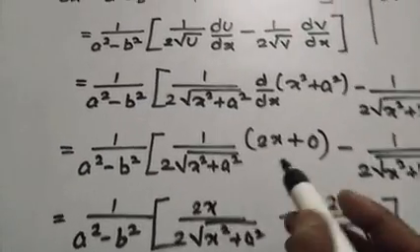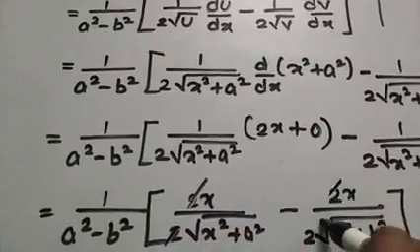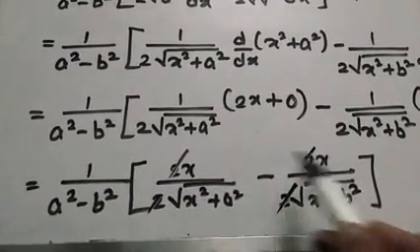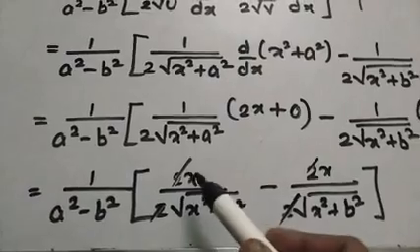So here we can see that 2 and 2 can be cancelled, 2 and 2 can be cancelled, and in both the terms x is a common factor, so we can take x common.